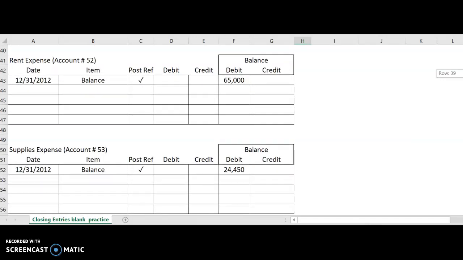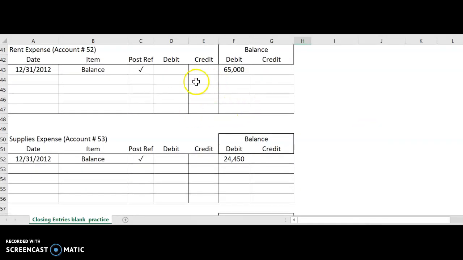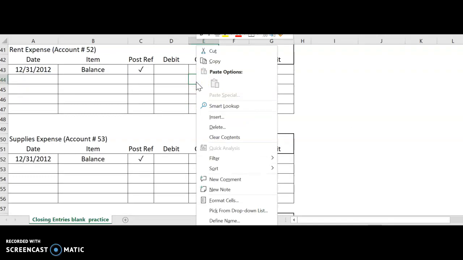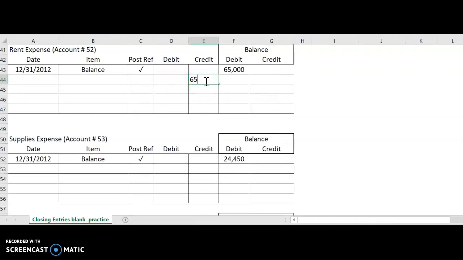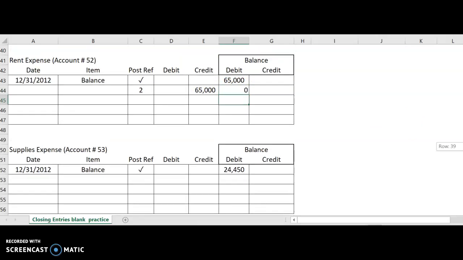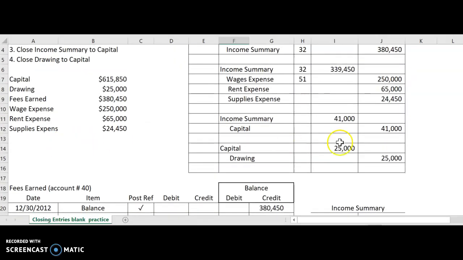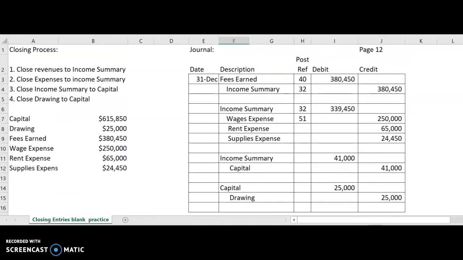So go down to rent expense, and I credited rent expense for $65,000. And this was journal entry number 2, and it had a debit balance, and then I just credited it, so now there is a 0 balance in rent expense. And then you would continue to do this for each account and write your post reference down for each account. I will do an additional video to show the rest of this problem.